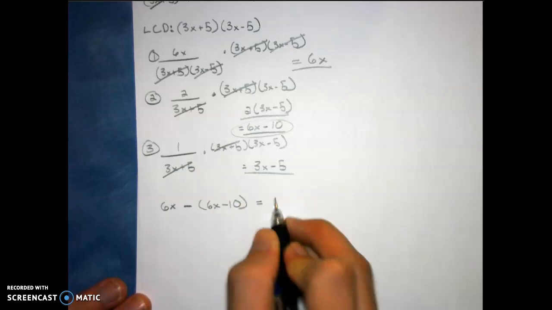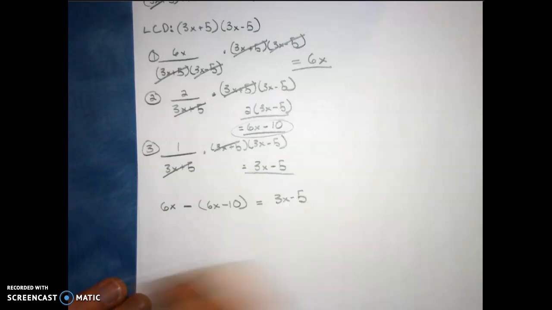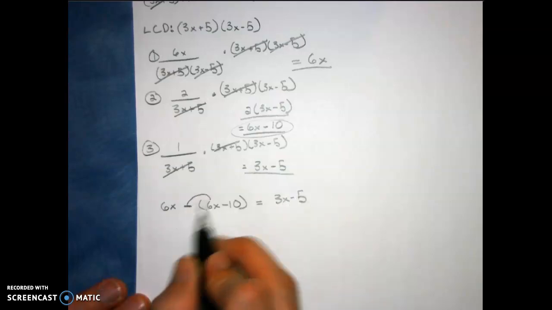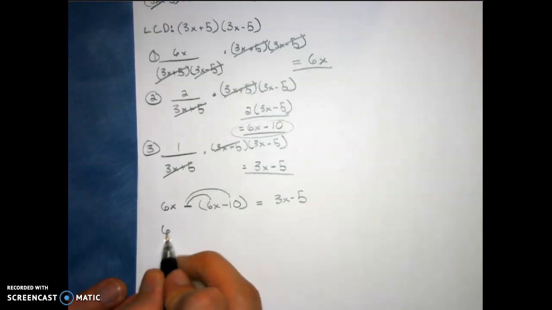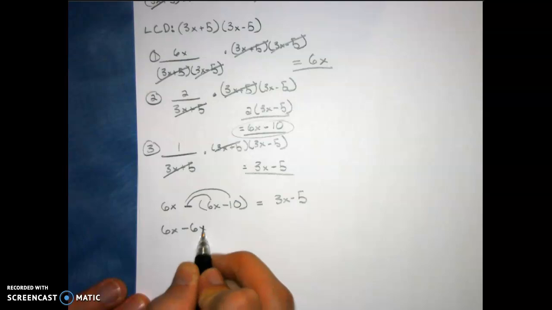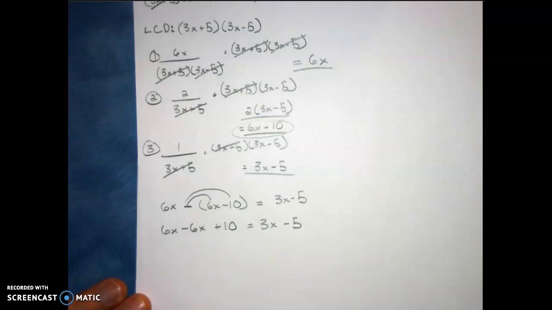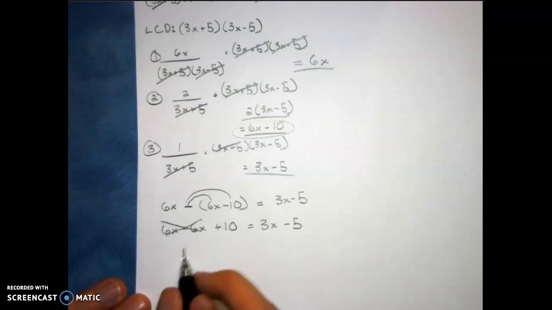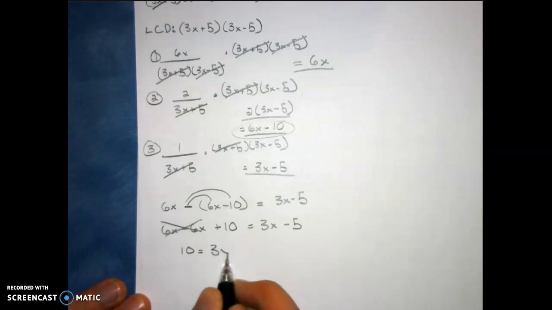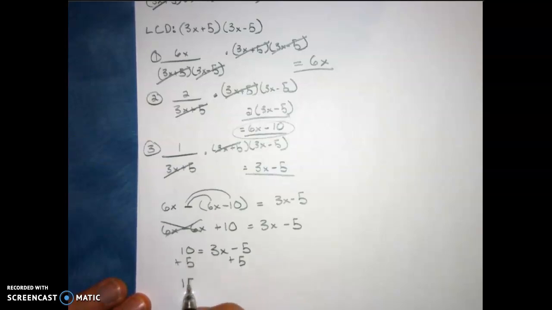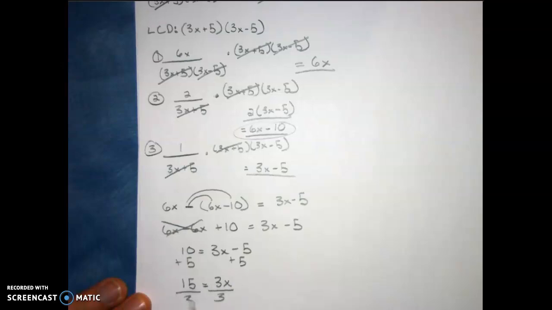And then it's going to be equal to 3x minus 5. Be very careful with this negative. We have to distribute. So we have 6x minus 6x plus 10 is equal to 3x minus 5. These cancel here. Then we have 10 is equal to 3x minus 5. Add 5. And then we have 15 is equal to 3x. Divide by 3. Get x is equal to 5.